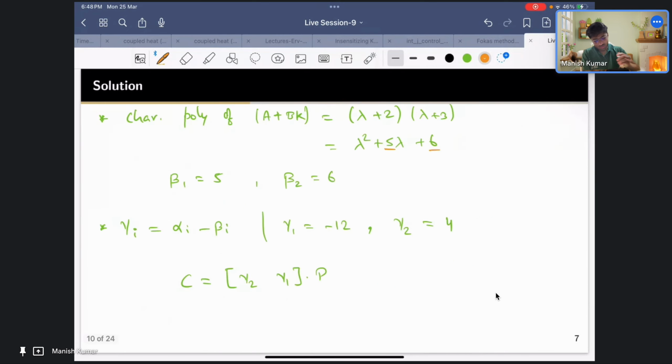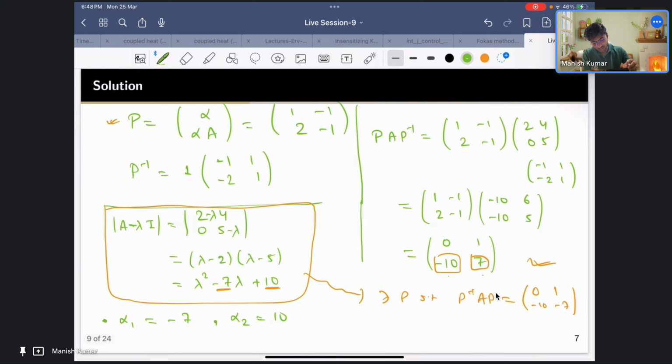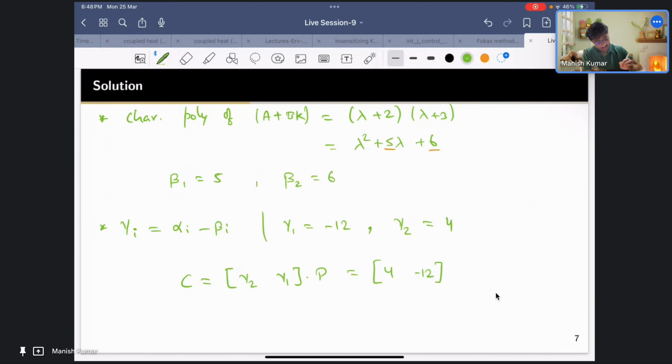Okay, so this P, now you can write: this is gamma 2 is 4 and then minus 12, and then you have this matrix P. So P is 1 minus 1, 2 minus 1.